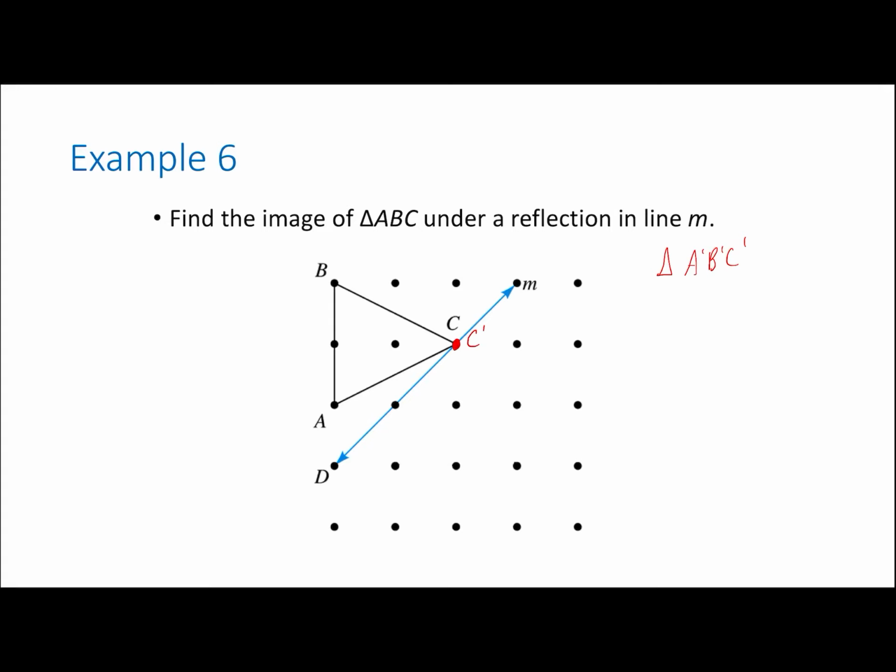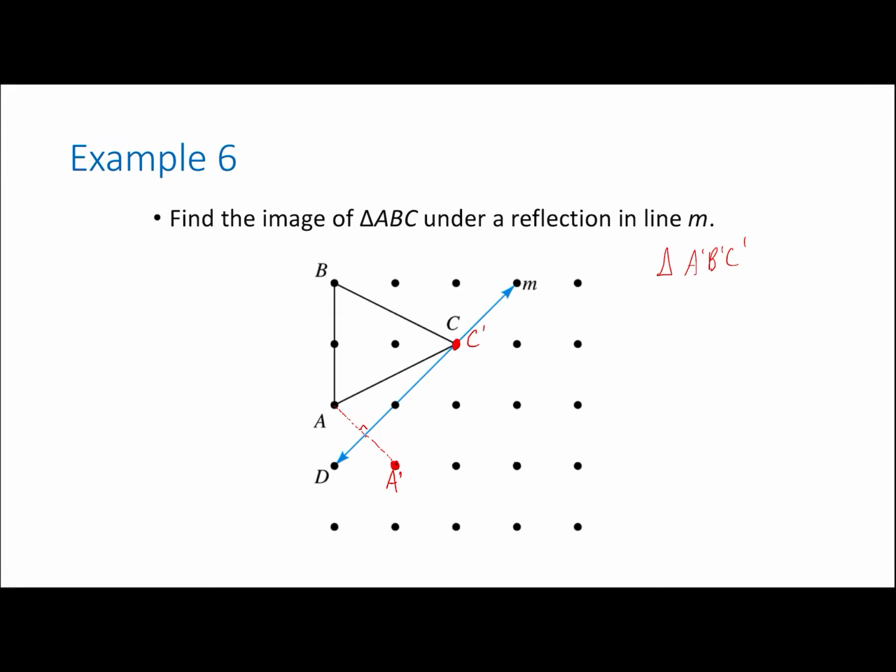And that's one thing we know for sure. We also know that if you were to take, let's start with point A, and draw a perpendicular line to that reflecting line, and then continue it across the same length, you would find out that A prime needs to be at this point.